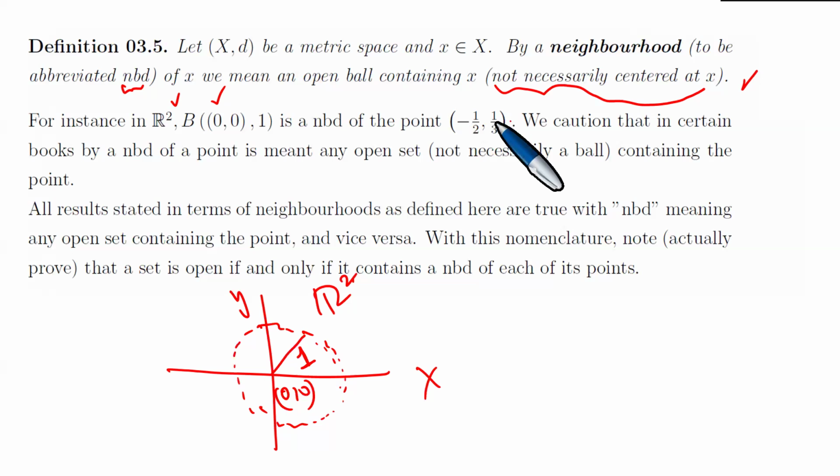It is a neighborhood of the point with coordinates minus 1/2 and 1/3, because this point is inside the ball. So this open ball is a neighborhood of this point.